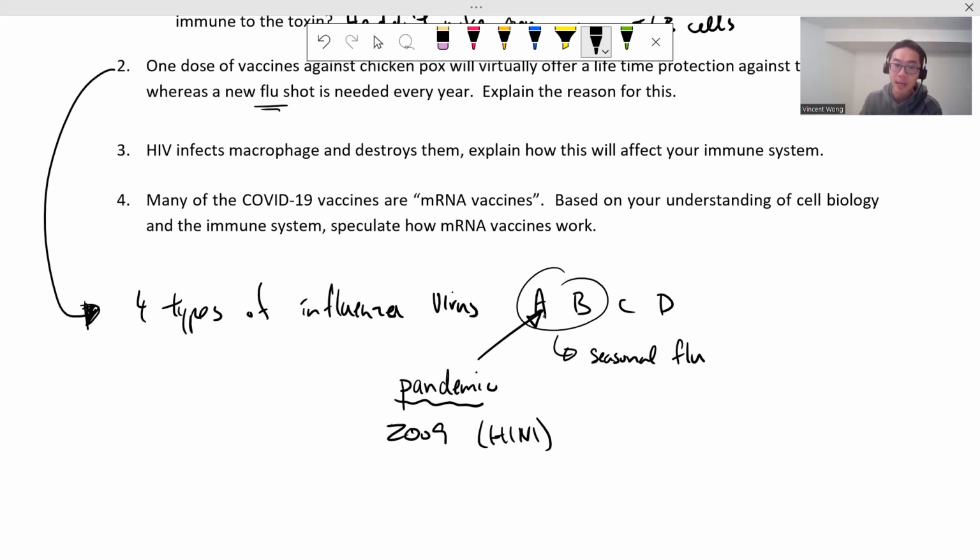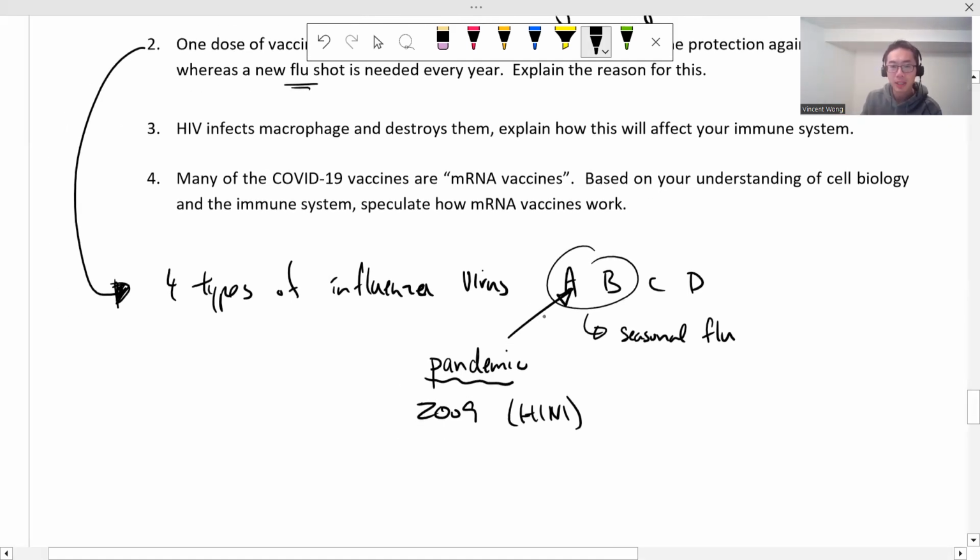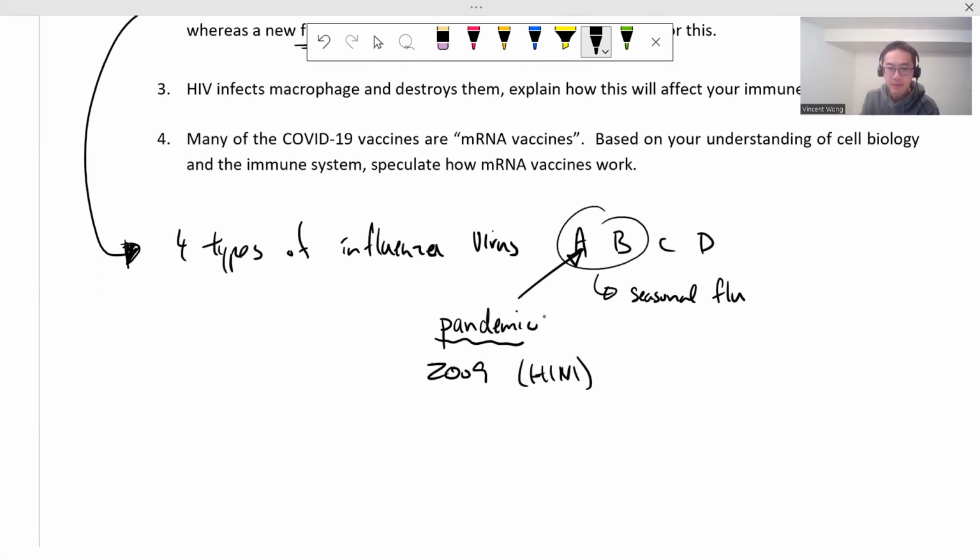Okay, so that was caused by H1N1, which is influenza A. Inside these viruses, A and B, these flu viruses on the surface actually have two kinds of antigens. They have the H antigens, and then they have the N antigen. It's much like what we have on the red cells, right? We have the A, B, and the Rh.